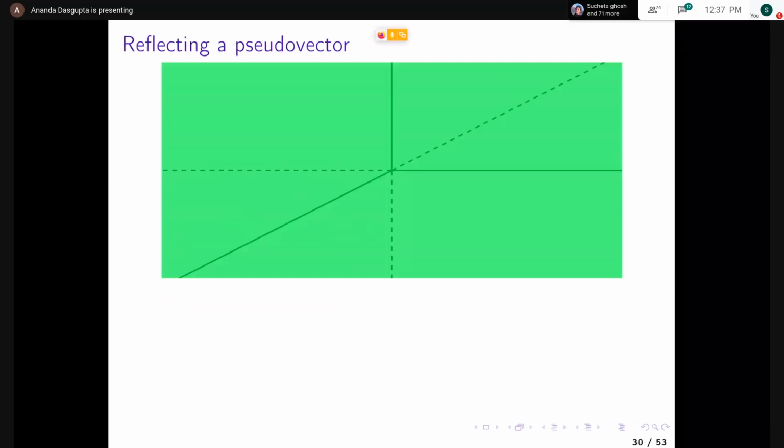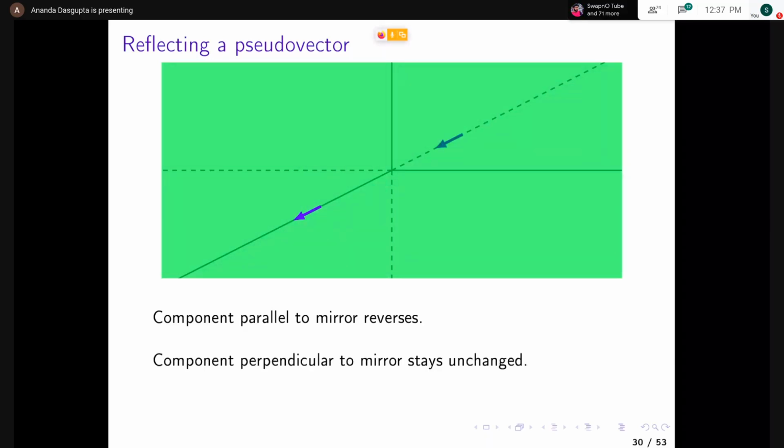So what is a pseudovector? Well, a pseudovector is something which behaves like our cross product a while ago. What happens when you reflect a pseudovector? Well, the in-plane component reverses, just the opposite to what our vector was doing, and the out-of-plane component, the one perpendicular to the mirror, stays the same.